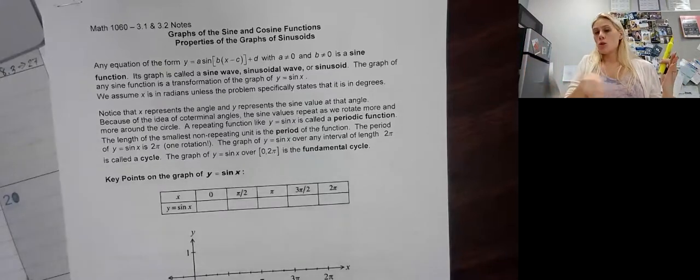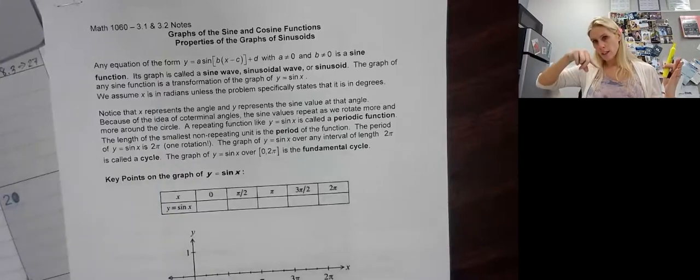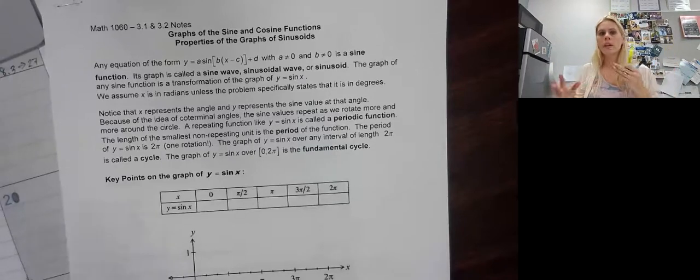If it goes around twice, that means it happens twice in a cycle. Okay, so we need to remember that a cycle is how many times it repeats itself between 0 and 2 pi. And the thing to think about is that in our parent function, the period is 2 pi.